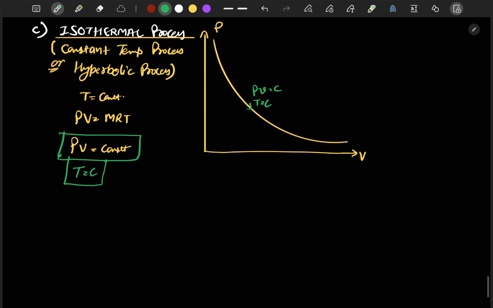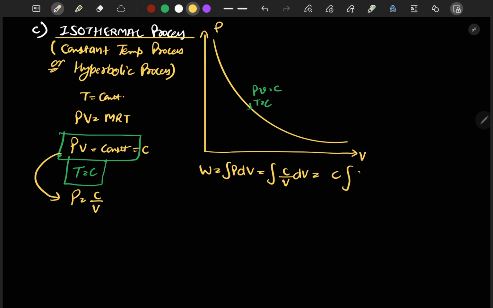Next we will obtain the value of work for the isothermal process. Work done is equal to the integration of PdV. From the equation we can write P is equal to constant; if we call the constant C, then P is C by V. So we write the integration of C by V dV, which reduces to C times the integration of dV by V. From point 1 to 2, if you calculate it, we get ln of V2 upon V1.